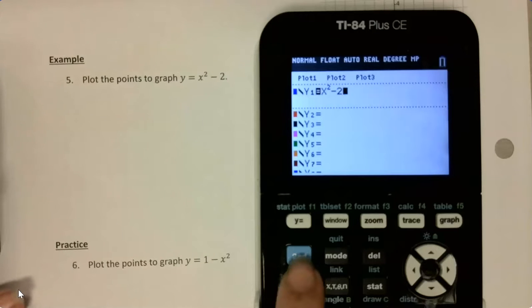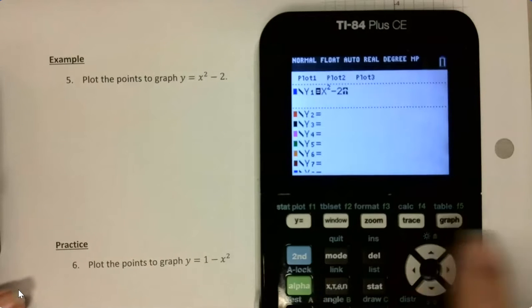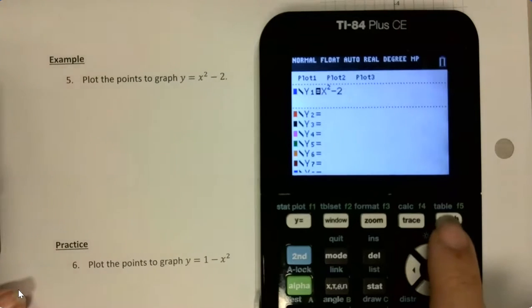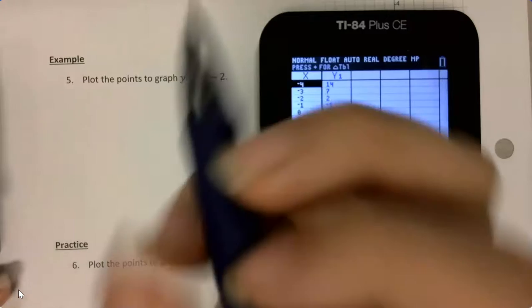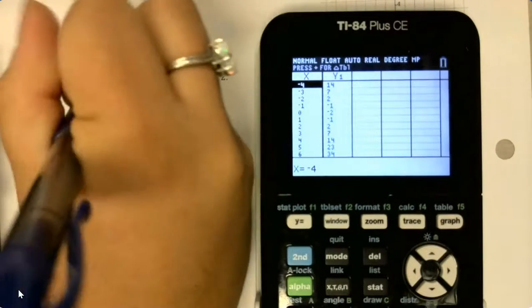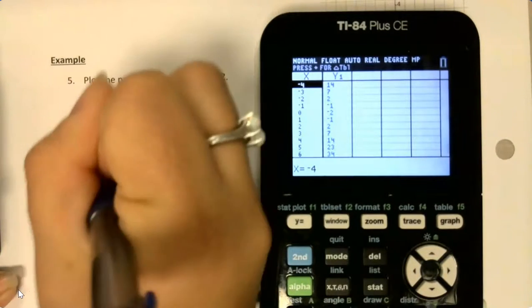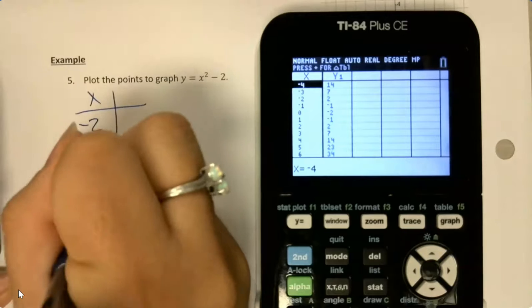Okay, then I'm going to go second, and above the graph button it says the word table, and it gives me all of the table of values. I am just going to do the same values I've been doing. So I'm going to pick the -2, the -1, the 0, 1, and 2.